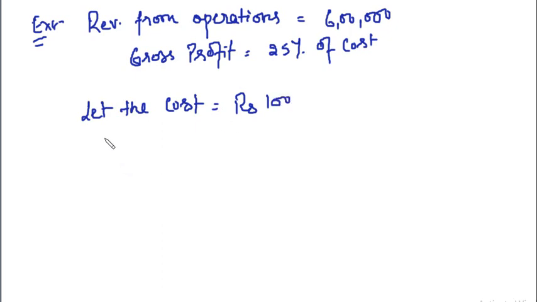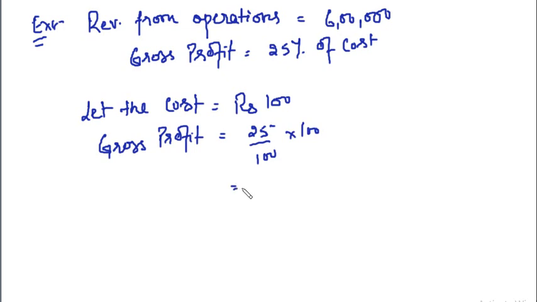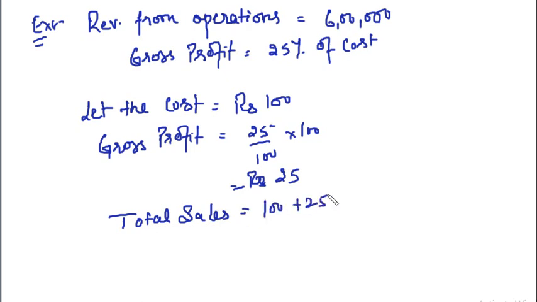Right? Now can you apply gross profit? Gross profit is what? 25% of cost. 25 divided by 100 multiplied by 100. This comes to rupees 25. Now can you tell me what is the total revenue? Total sales is what? Cost plus profit, 125.